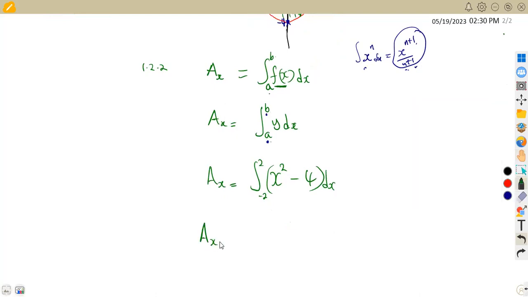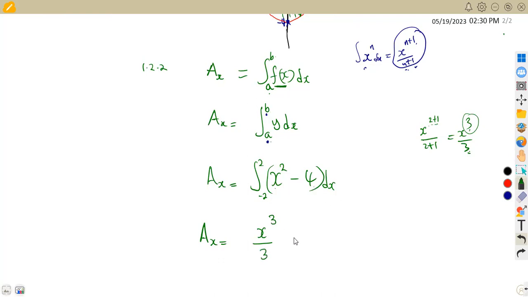Our area with respect to x, this x squared is going to be x to the exponent of 2 plus 1 over 2 plus 1. So 2 plus 1, that is 3. It's going to be x to the exponent of 3 over 3. You add 1, then you divide by the new exponent, which is 3.